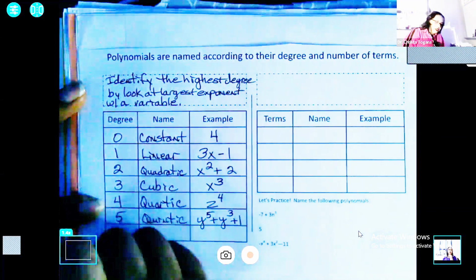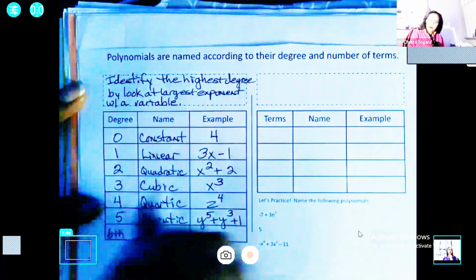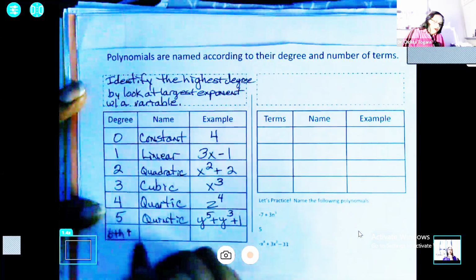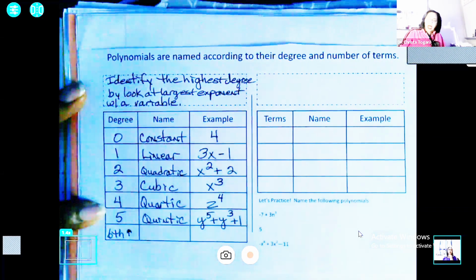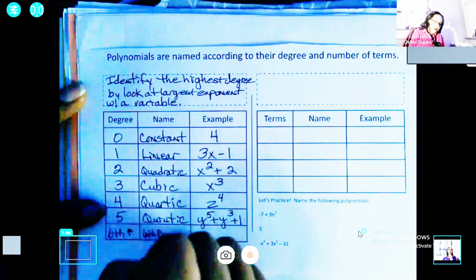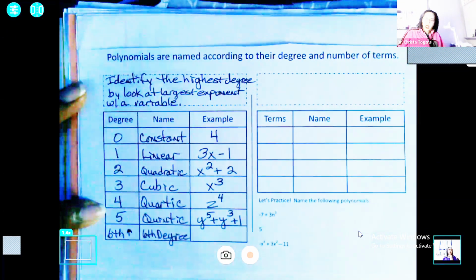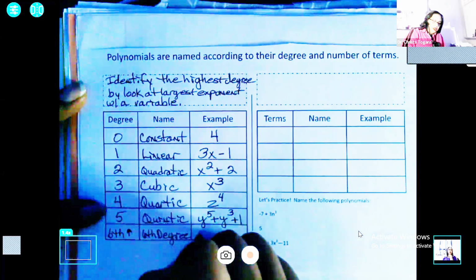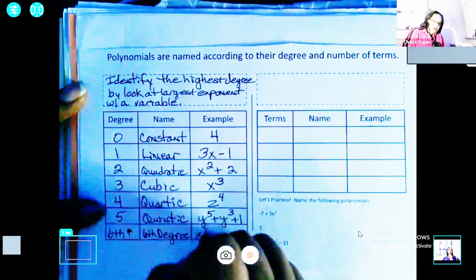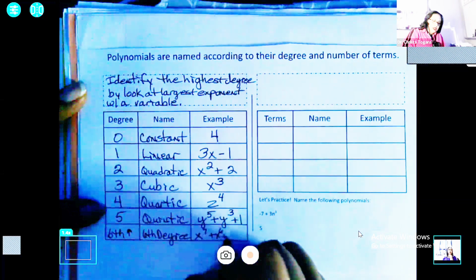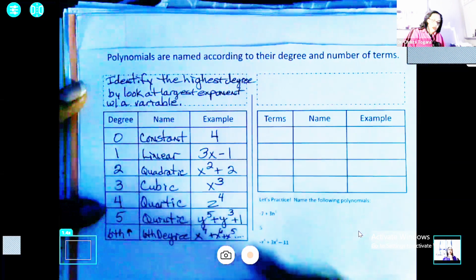And then for the 6th degree or higher, so I'll use an arrow for higher. We could use anything, but let's say x to the 7th plus x to the 6th plus x to the 5th, and so on. Okay?